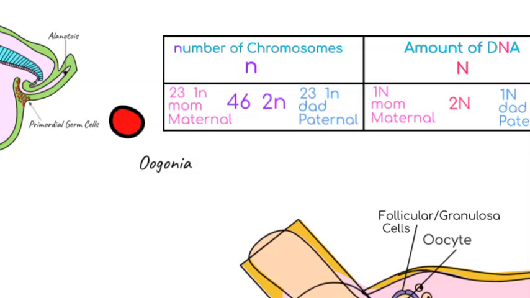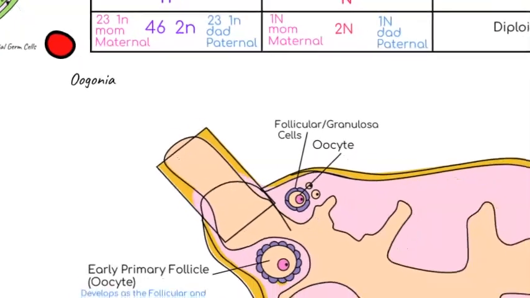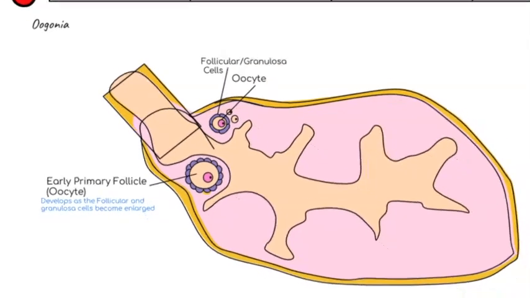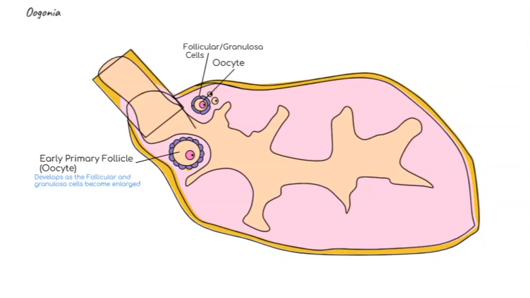The genetic material in them is still the same, just like the ones that they came from, 46 chromosomes, 2N diploid. And this sheet of epithelial cells surrounds the oogonium, and they're called follicular cells. And now that oogonium converts into a primary oocyte.